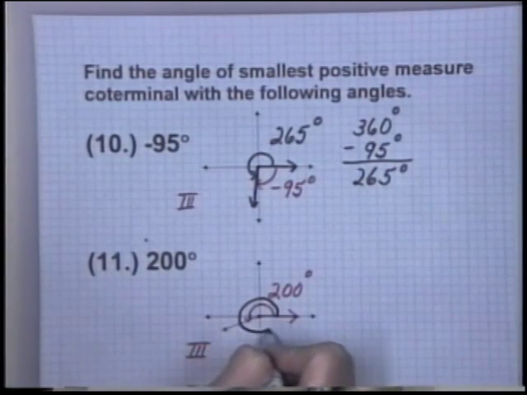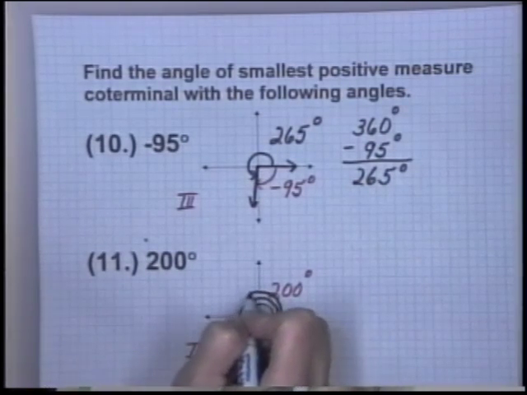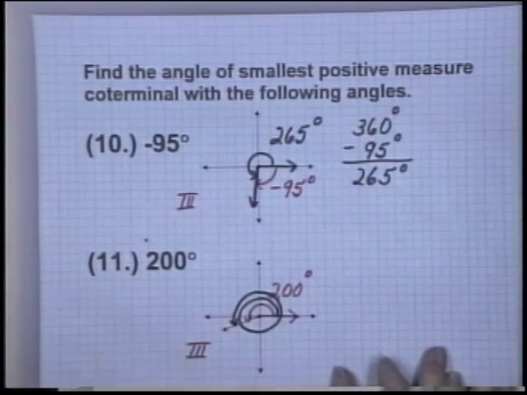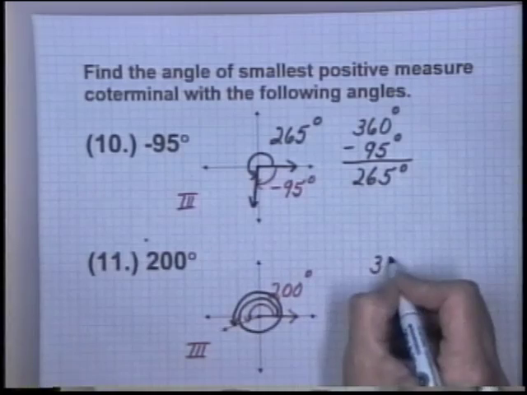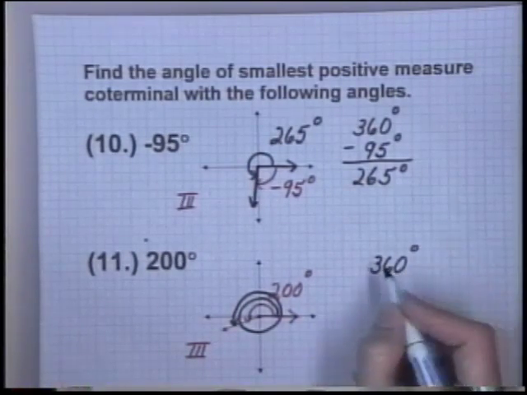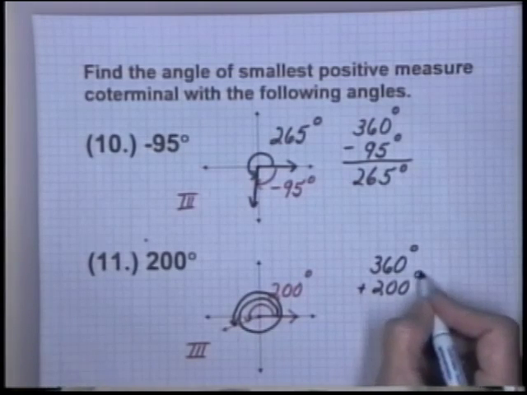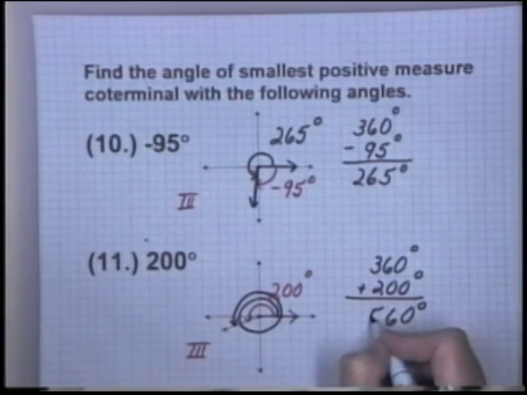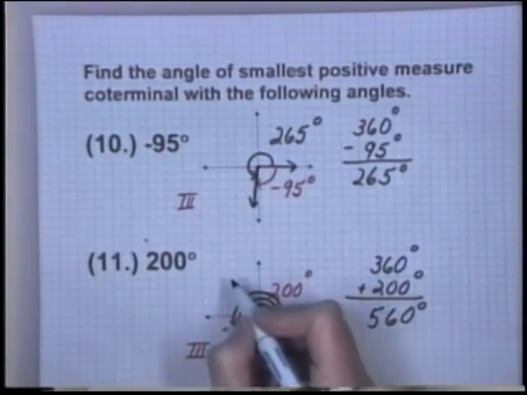We will rotate once for 360 degrees, and then we will rotate continuing in a counterclockwise direction 200 more degrees. So that angle would measure 360 plus the 200, or 560 degrees.